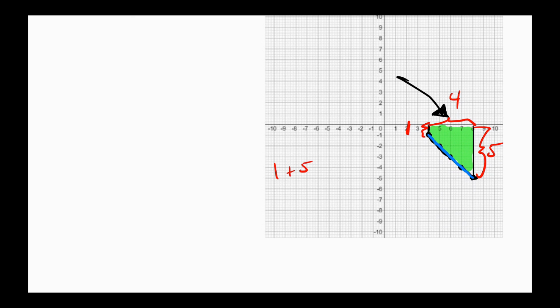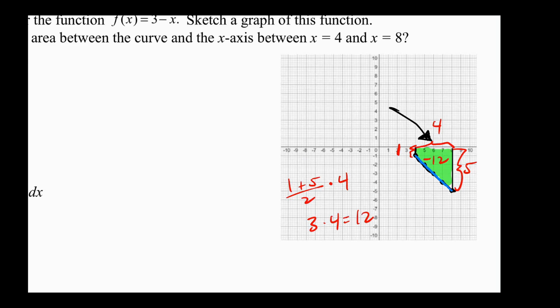So 1 plus 5 divided by 2, and then times 4. So 6 divided by 2 is 3, times 4 is 12. But because it's under the x-axis, it's going to be negative 12.